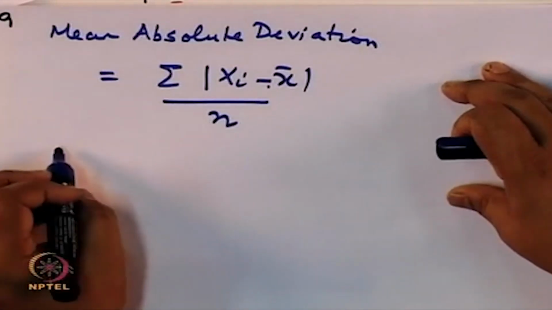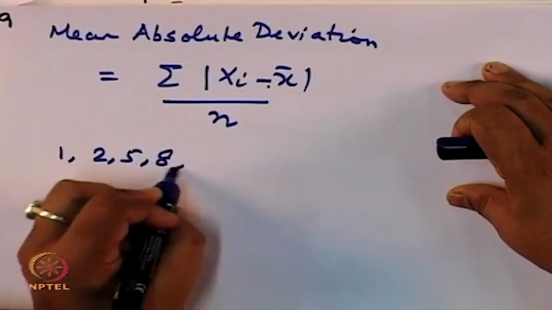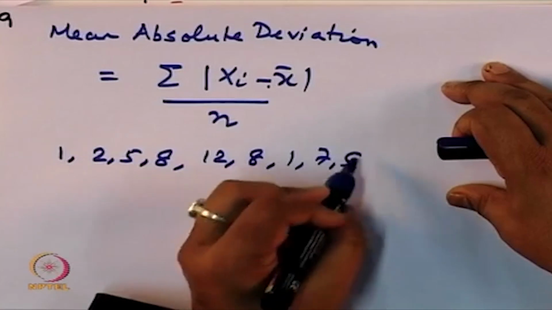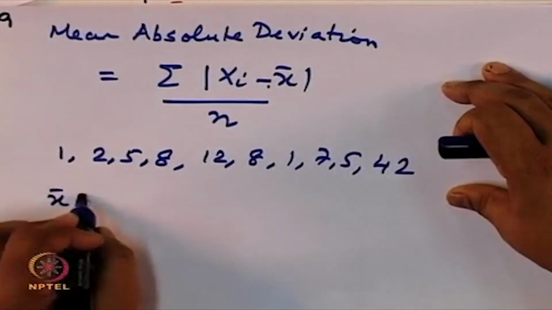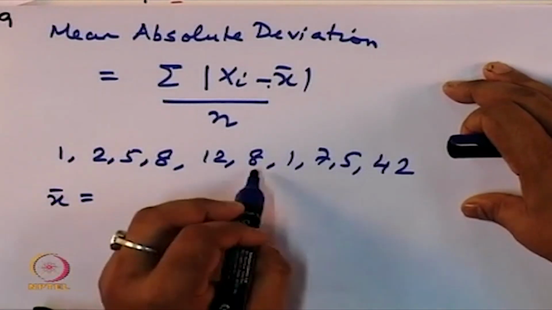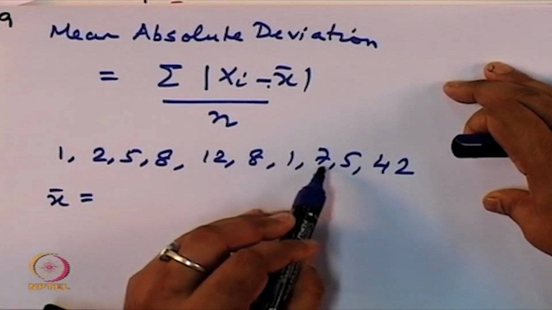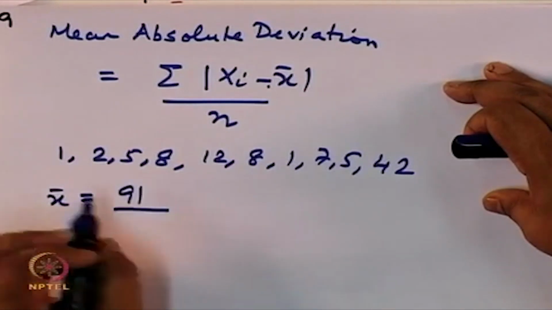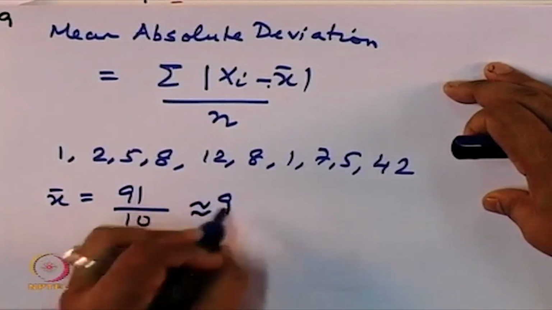In this case, let us say I have a data set as 1, 2, 5, 8, 12, 8, 1, 7, 5, 42. I have to calculate my x bar. So, my x bar becomes 3 plus 5, 8, 8 plus 8, 16, 28, 36, 37, 44 plus 5, 49, 91 divided by 10. So, approximately 9 let us say.